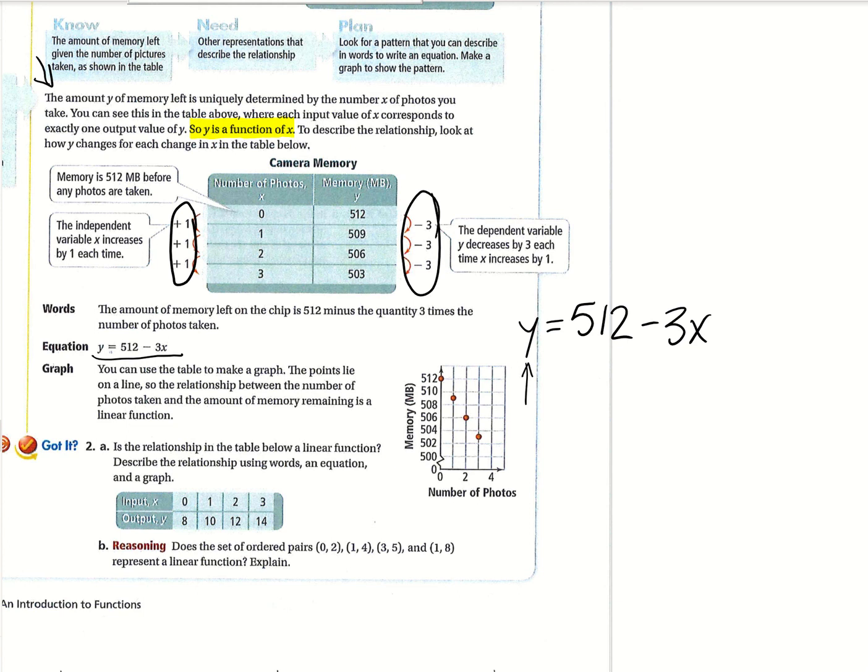Okay, so that's going to be alone on one side, and then on the other side, we start at 512, which is why that is alone by itself right there. And then we're also subtracting 3 for every x that we take, or every photo that we take represented by x. Okay, we don't know what this number x is, which is why obviously it's the variable there.